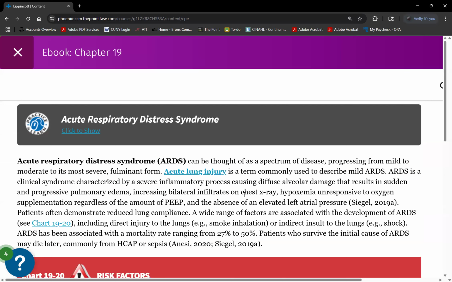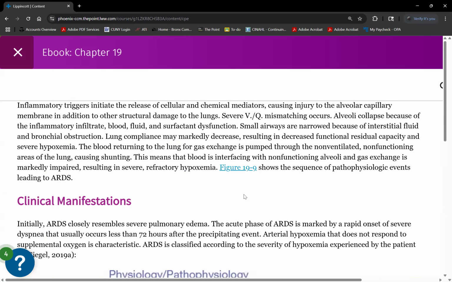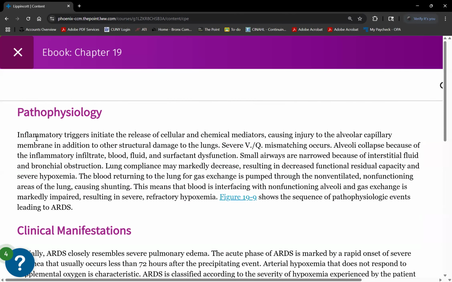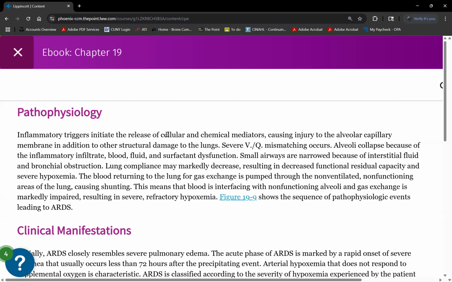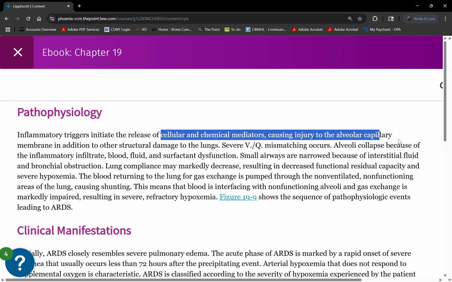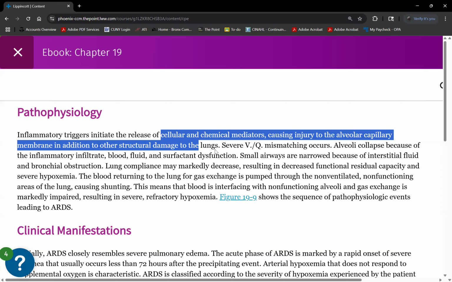So if we look at the pathophysiology of acute lung injury, you'll have to read the whole paragraph, but I'll just point out inflammatory triggers, which are caused by these conditions here, trigger the release of cellular chemical mediators, causing injury to the alveolar capillary membrane, in addition to structural damage to the lungs.